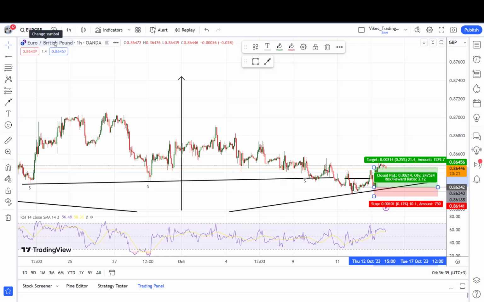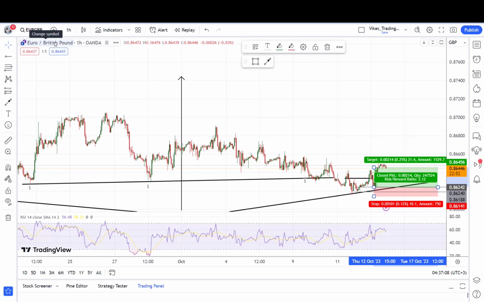If there is a confluence of price movement and momentum indicators such as RSI, if there is a divergence of price and momentum indicators, it means that this trade is more probable to be a reversal than a trade where there is no divergence of momentum.